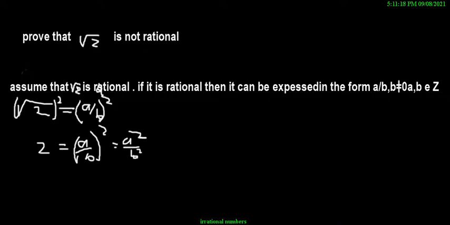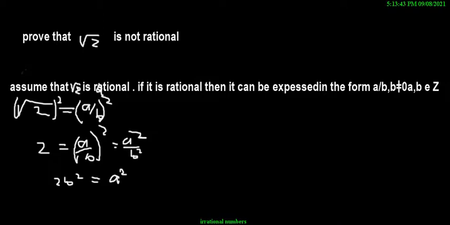From here we make a squared the subject of the formula by multiplying 2 times b squared, which gives us 2b squared, which is equal to a squared.